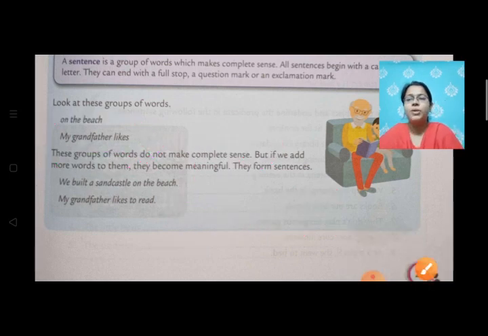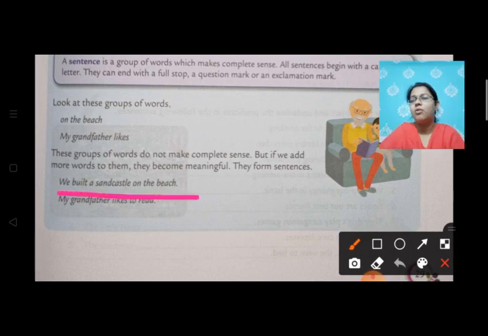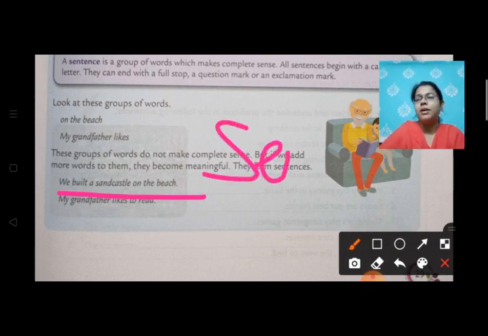These groups of words do not make complete sense, but if we add more words to them, then they become meaningful and form sentences. For example, we built a sand castle on the beach. Now this has a complete sense and so it can be considered a sentence.